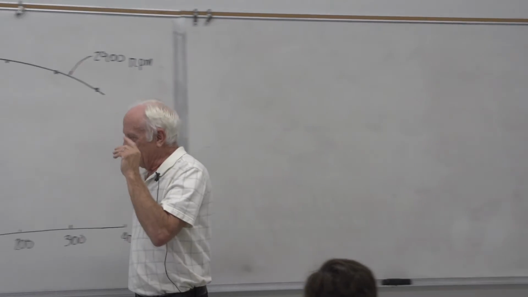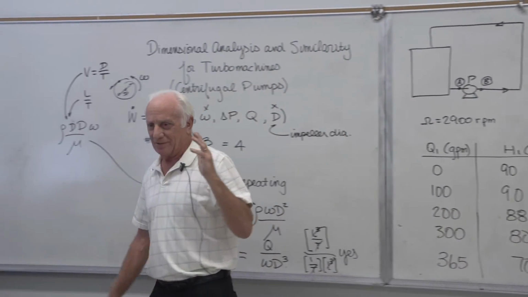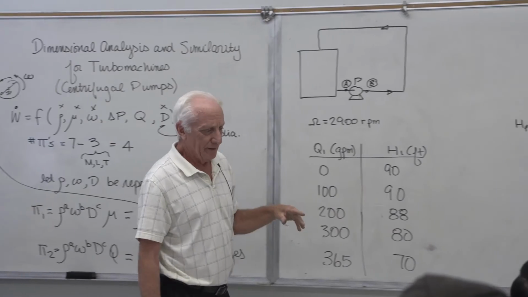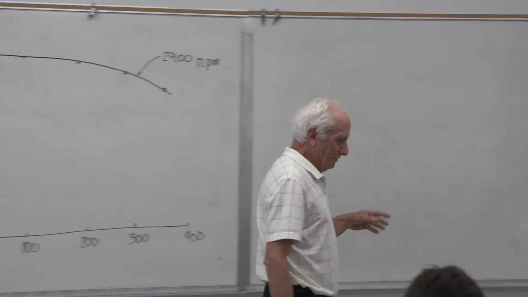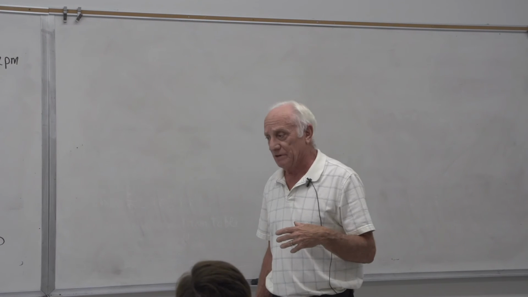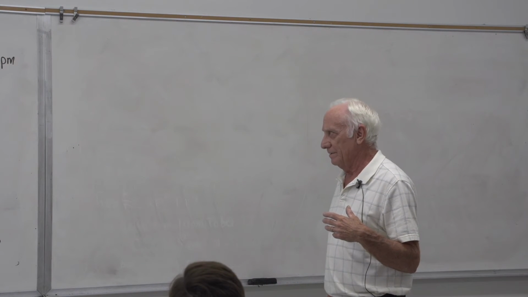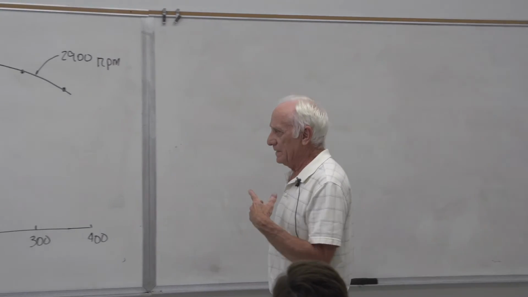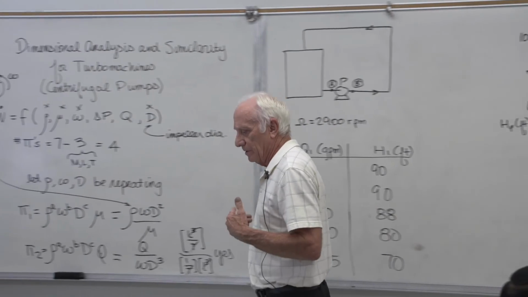I ran that pump at 2,900. I really meant to find out what the pump head was at 2,000 RPM. And so you tell them, okay, look, I'll run at 2,000, come back in 20 minutes, 30 minutes, I'll have it done for you. No, you don't have to run the pump test again. Once you've run it once at that speed, I can tell you what's going to happen at 2,000 RPM.